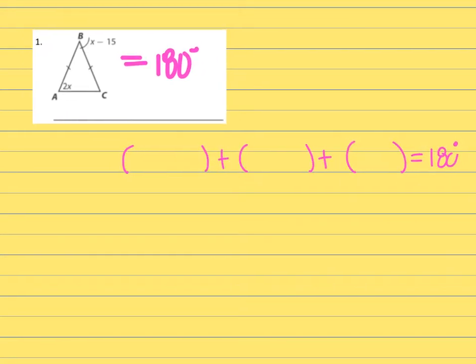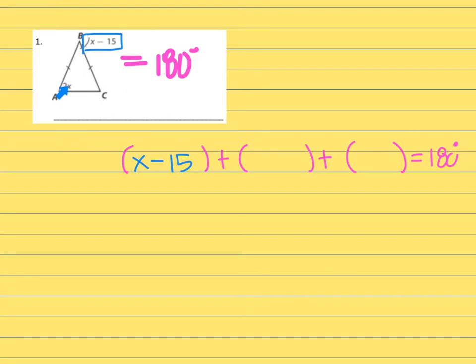So when you're looking through here, what I see is this first angle, it says x minus 15. I'm going to put it in my first box, x minus 15. When you go back to look at the rest of the triangle, I see 2x in this corner.